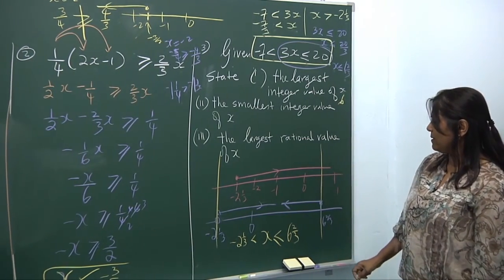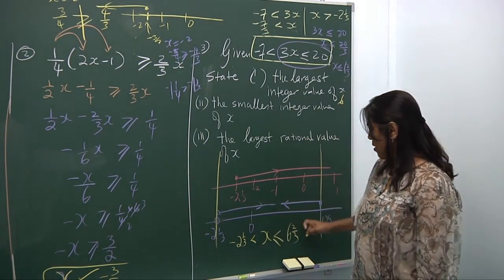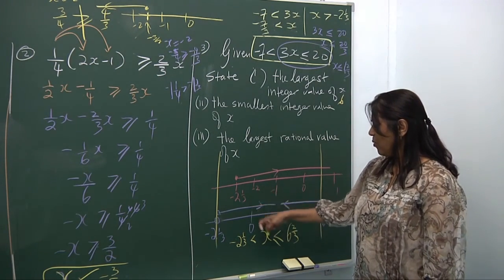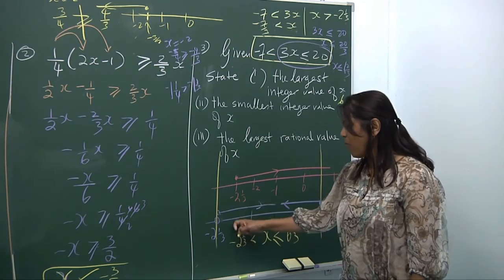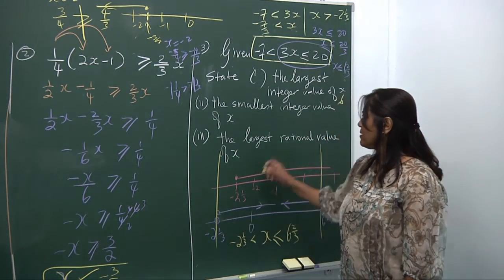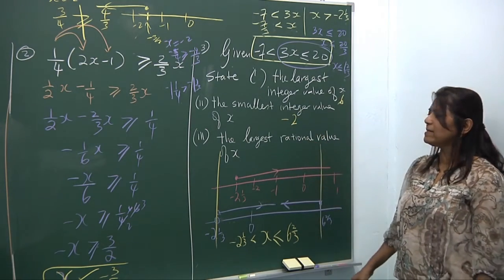The smallest integer value of this, as it goes on, 6, 5, 4, 3, 2, 1, 0, minus 1, minus 2, which is within the range. So the smallest will be minus 2.